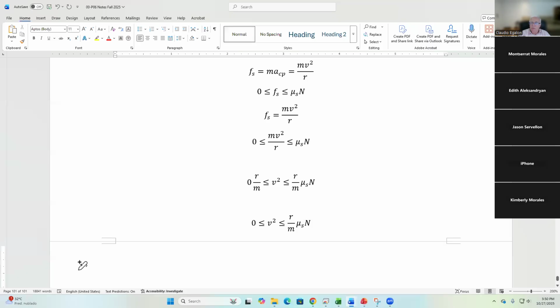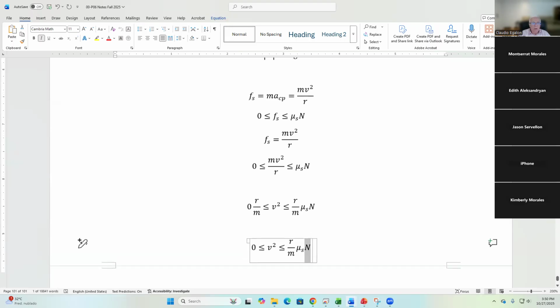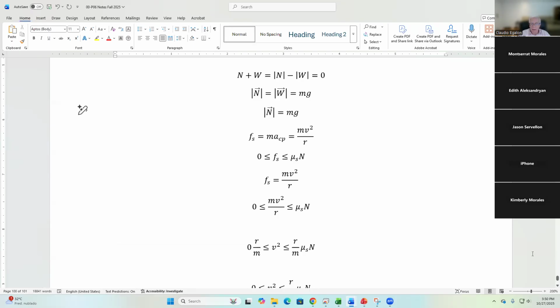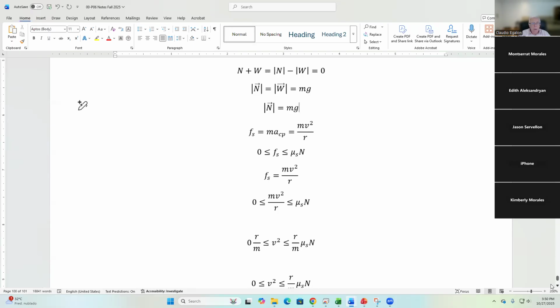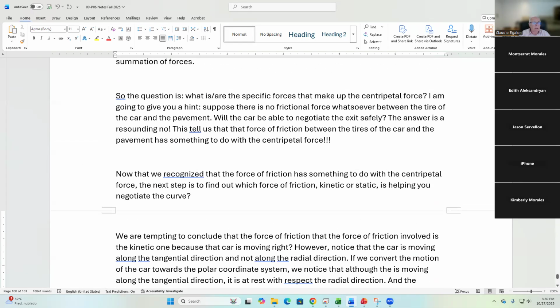But there is more. I solved for the normal because we need the normal in this equation. This is a problem that needs two equations, and you have to solve those two equations simultaneously to get the solution. Note that the problem in the book didn't tell you the mass of the car.